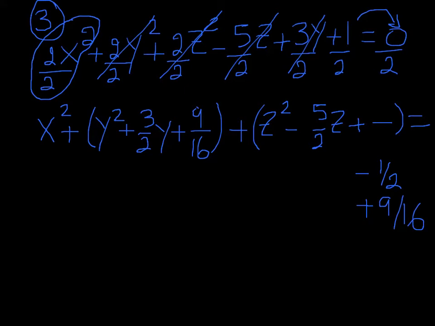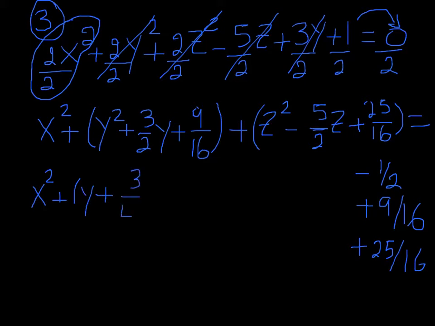5 over 2 divided by 2 is 5/4. 5/4 squared is 25/16. If you add 25/16 here, make sure you do the same thing on the other side, adding 25/16. Putting this in perfect square form, it will be x squared, y plus 3/4 squared, plus z minus 5/4 squared.